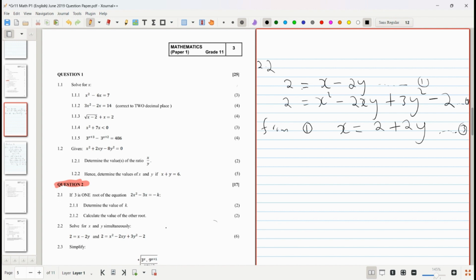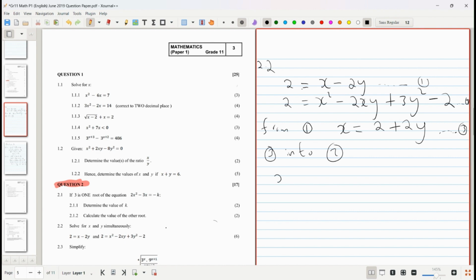So we can substitute this equation 3 into equation 2. This one is equation 2. When substituting equation 3 into equation 2, we must first copy or write equation 2.